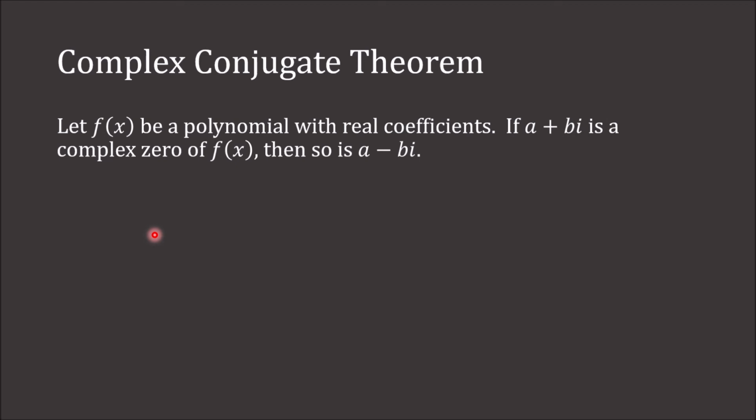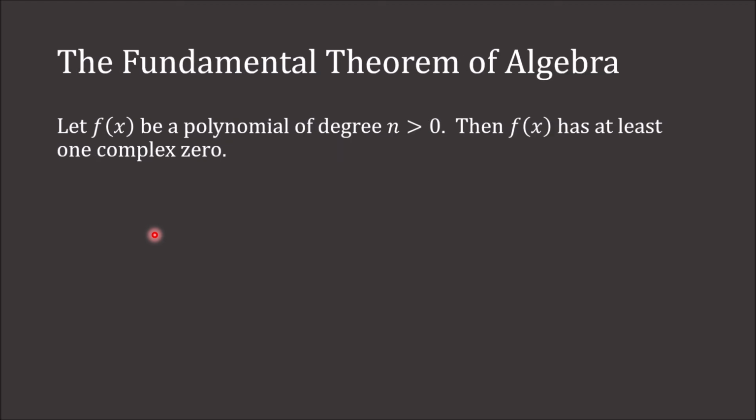And now we look at one of the most important theorems of all of algebra. It is called the fundamental theorem of algebra. And it states, let f of x be a polynomial of degree n greater than 0. Then f of x has at least one complex 0.